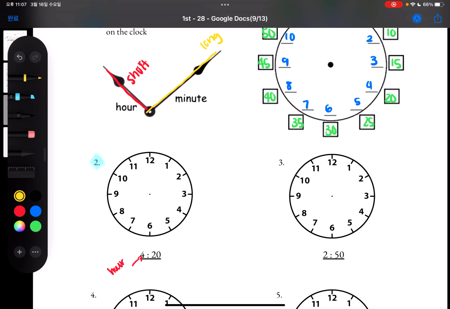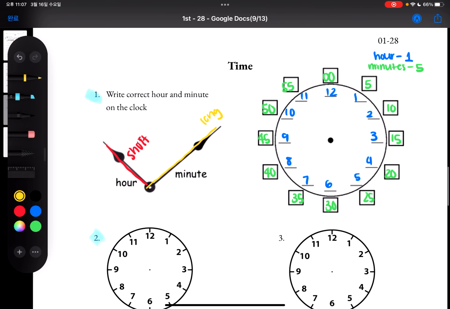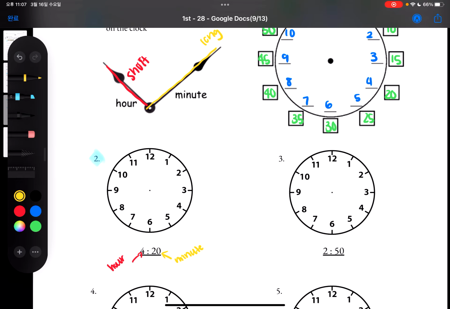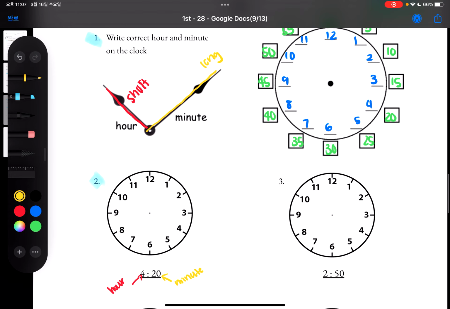And the minute is 20. So using the information that we did together for number 1, we're going to do number 2 together. So 4. 4 is inside. Inside is hours, and we find 4 inside and draw a short needle.